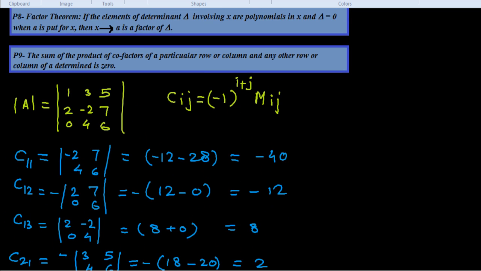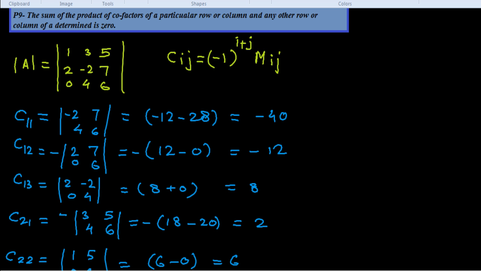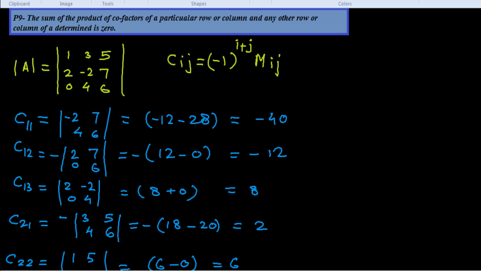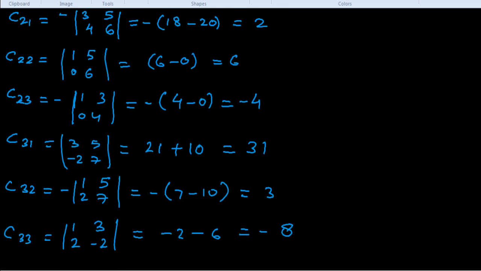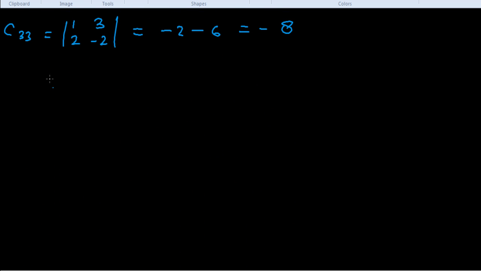Now we know that if you have to find out the value of any determinant, we multiply the cofactors with the corresponding elements. Now here what we do, we see what I am doing here.